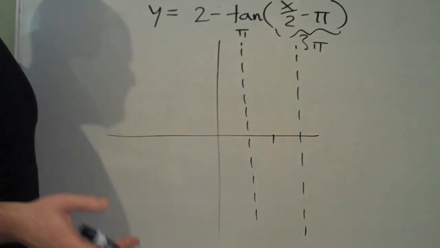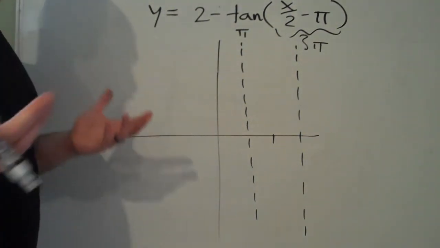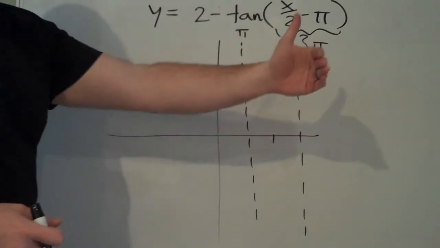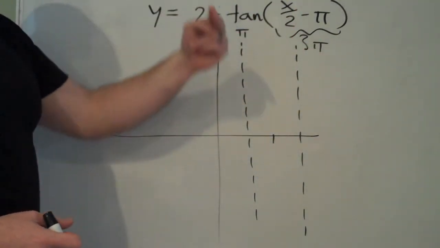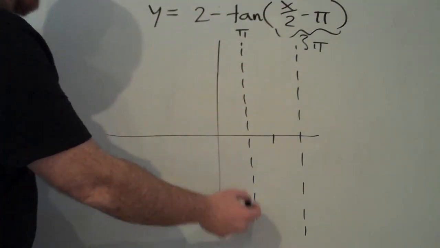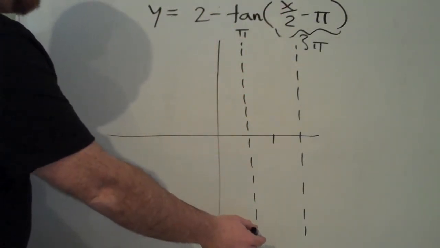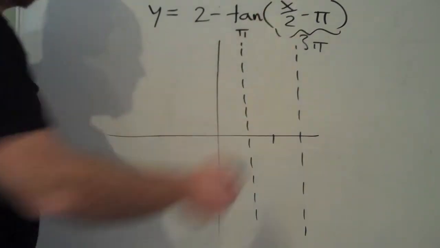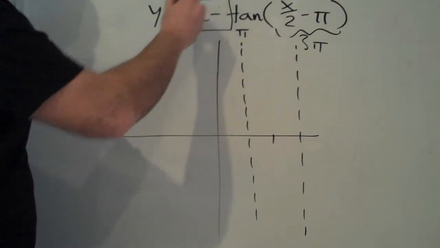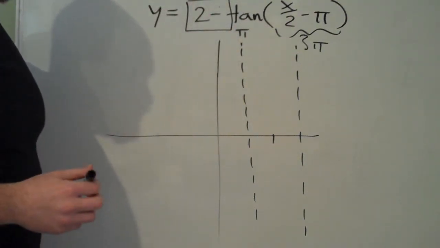Now what does a tangent graph do? What does a sine graph do, like we always used to say? Intercept, max, intercept, min, intercept. What does cosine do? Max, intercept, min, intercept, max. What does tangent do? Tangent has asymptotic behavior, and it starts down here and rises up. But these transformations are going to mess with that.